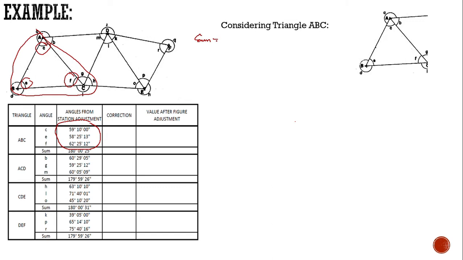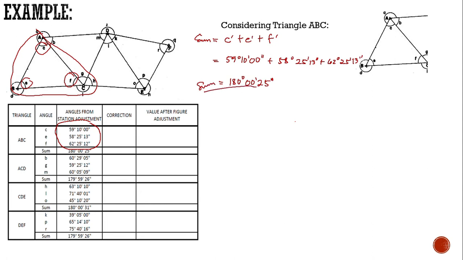So the sum of that: C prime plus E prime plus F prime. Our C prime is 59 degrees, 10 minutes, 0 seconds, plus our E prime of 58 degrees, 25 minutes and 13 seconds, plus our F prime of 62 degrees, 25 minutes and 13 seconds. The sum of these angles is equal to 180 degrees, 0 minutes and 25 seconds.